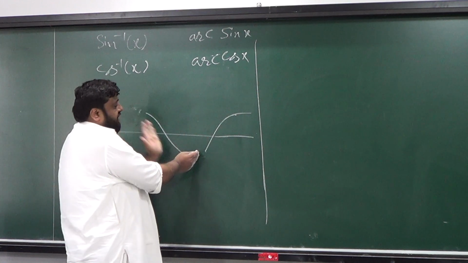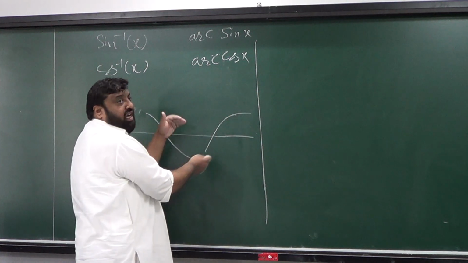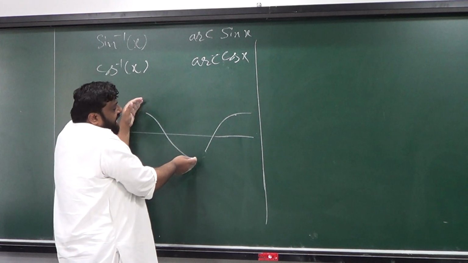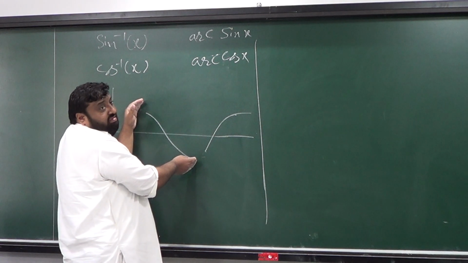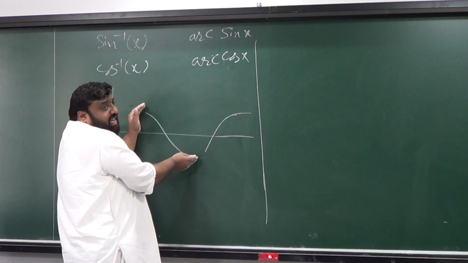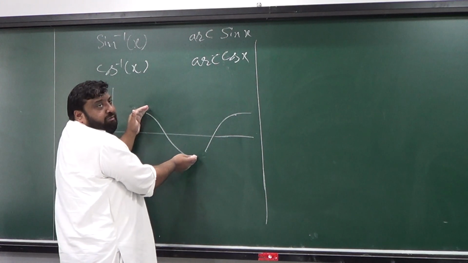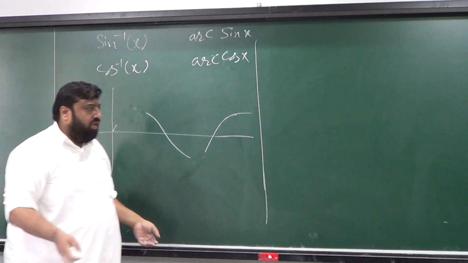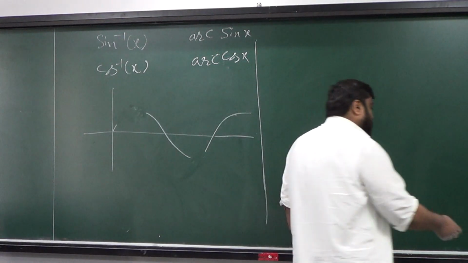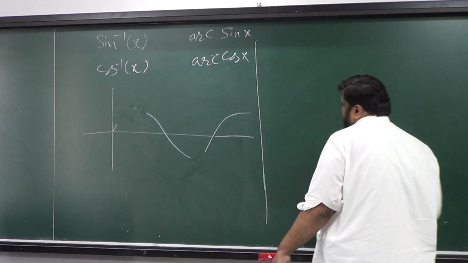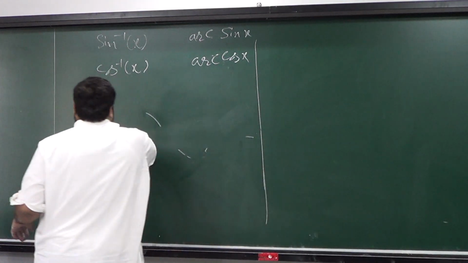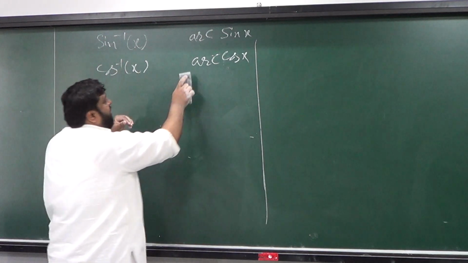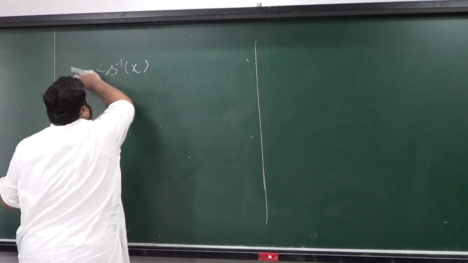You can take this arc or that arc, any arc that is a function, and that arc of sine x is really the sine inverse x. So in exercises you will also find arc sine x, arc cos x, and so on.